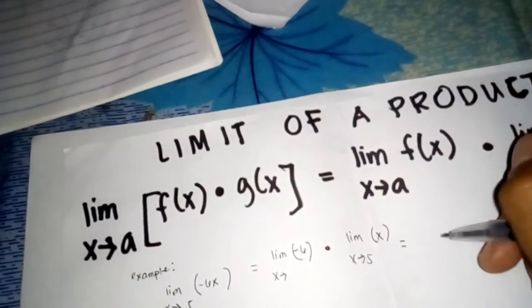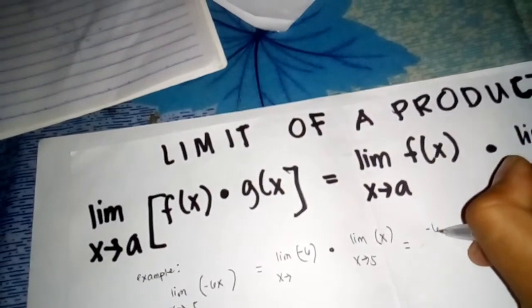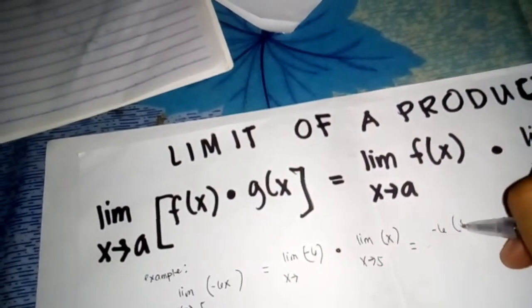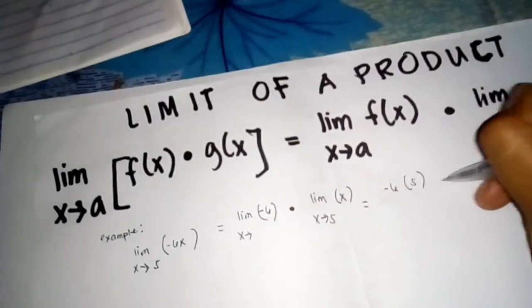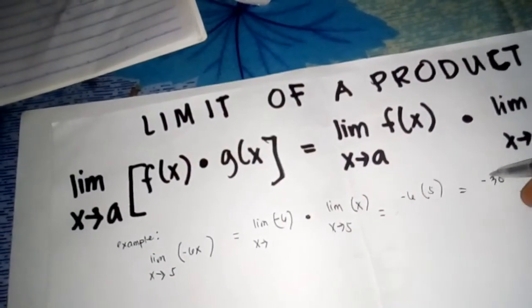So equals negative 6 times 5, which is equal to negative 30.